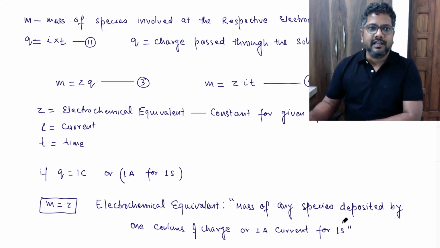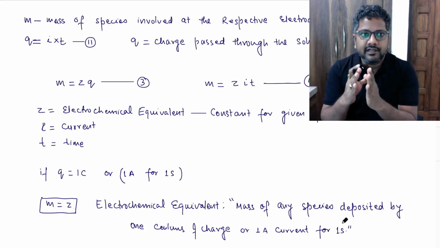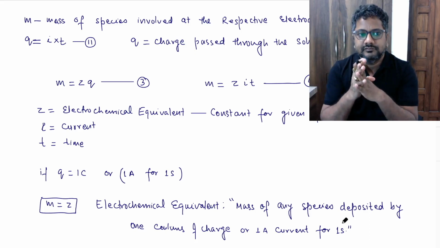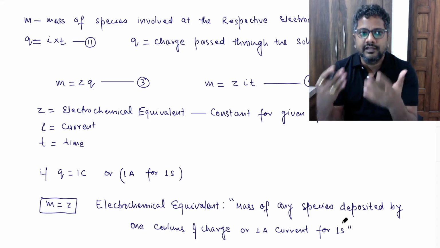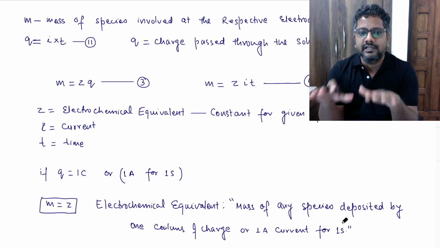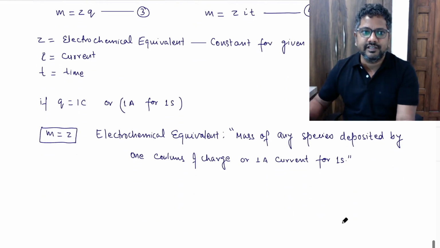Provided that the current efficiency is 100%, means your electrical energy should not be lost in any form, right? In the form of heat or in any other form, in the form of resistance, there should be no loss in energy. So this is called current efficiency, right?